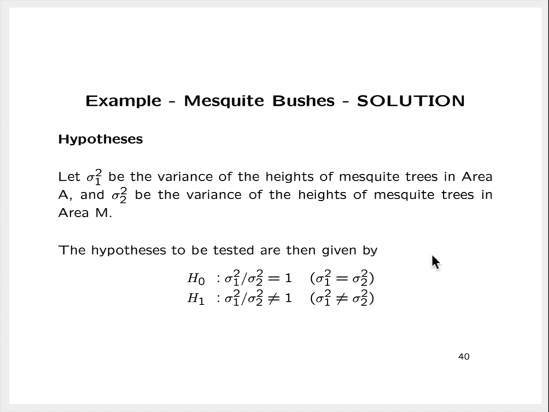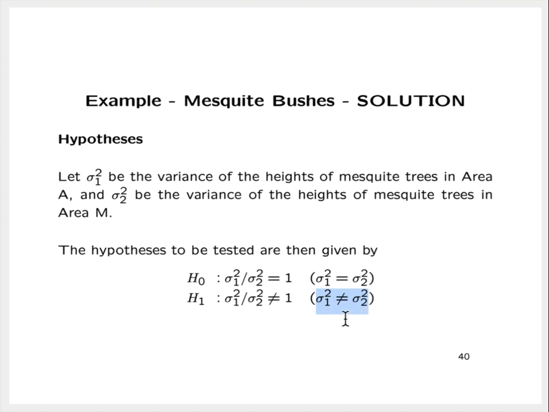With that, the hypotheses to be tested are given by the following. What we're trying to show is whether there is sufficient evidence to conclude that the variances of the heights of mesquite trees in the two areas are different. Remember that we always put what we're trying to show in the alternative hypothesis. So the alternative hypothesis is that sigma 1 squared is not equal to sigma 2 squared.